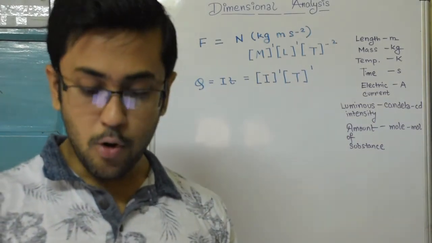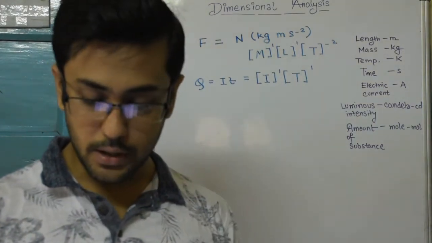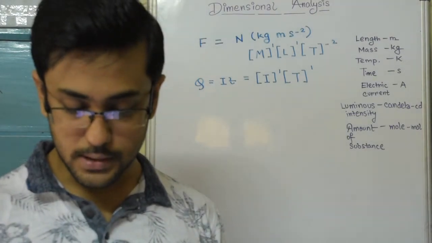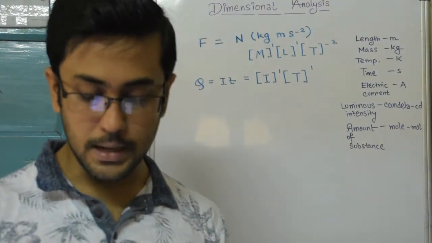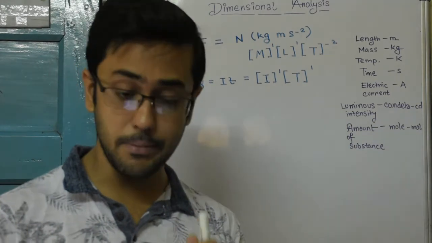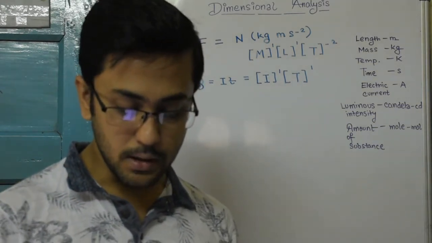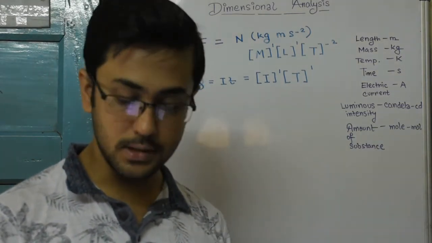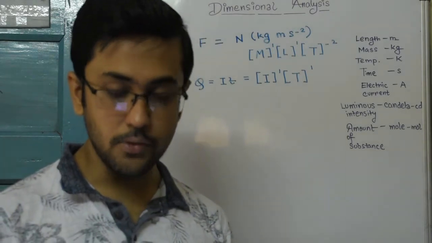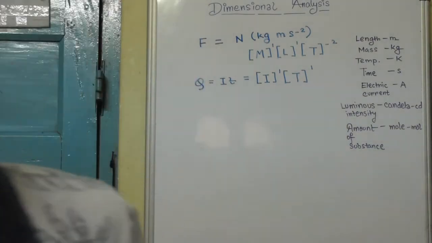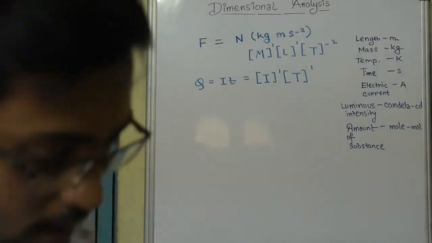The principle of homogeneity of dimension, we shall be doing it, expressions in terms of SI base units, and then using the dimensional analysis to check whether the equation is dimensionally correct, to obtain the dimensional formula of any derived physical quantity, and to convert units from one system to another. So these are the applications that we are going to do.